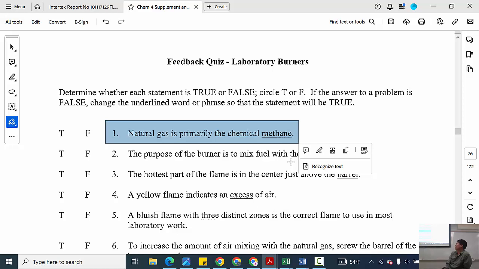So this is an example of where we use the 2 equation, 2 unknown type stuff, to figure out the composition of this mixture. But I'm not going to worry about the composition of the mixture. It's primarily the chemical, what? Methane. Is that true or false? This is true. So we don't have to do anything.